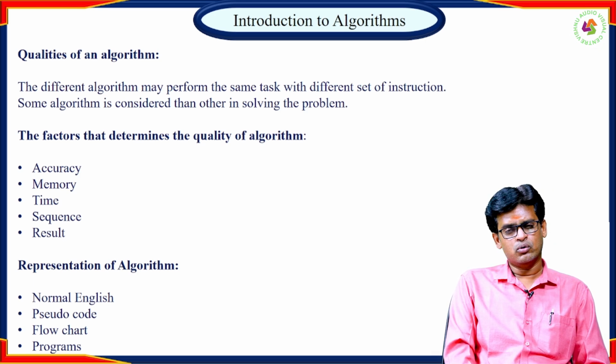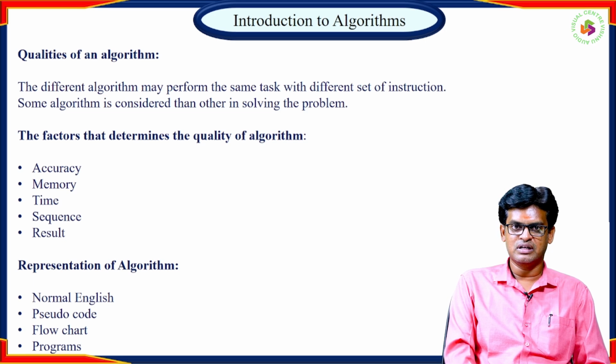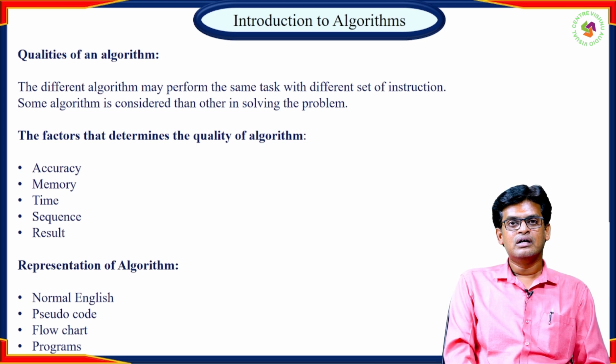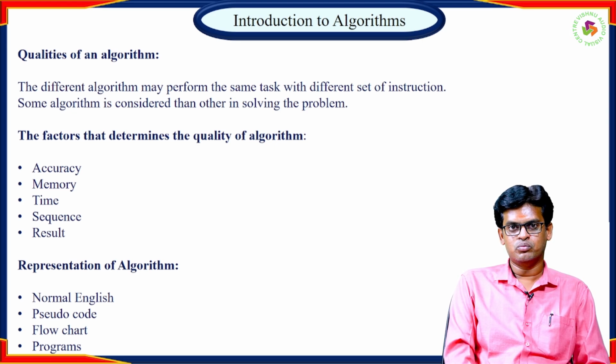Accuracy means, for example, if you want to solve a computational problem, the algorithm needs to declare some mathematical derivations. That mathematical derivation should be applied in programming. The formula specified in the algorithm should be understandable.